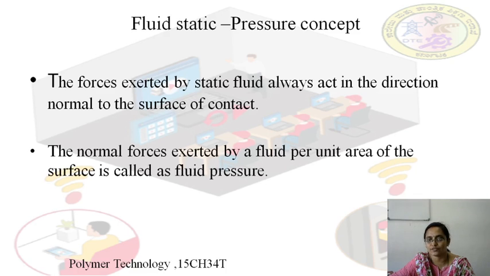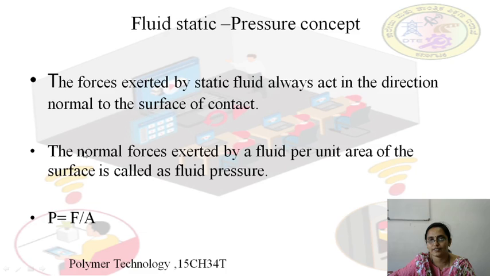The normal force exerted by a fluid per unit area of the surface is called fluid pressure. In a fluid, if the fluid is applying forces normal to a unit area, it is called fluid pressure. Pressure is given by force per area.